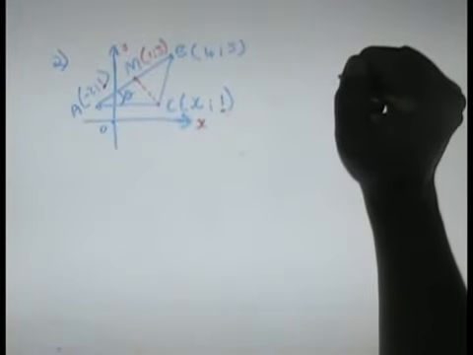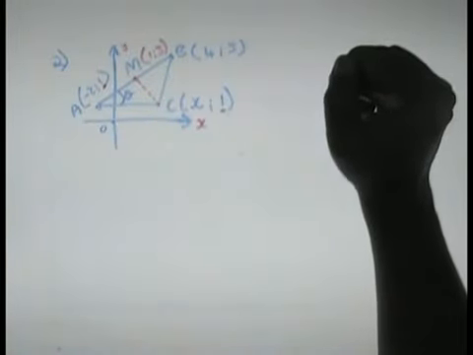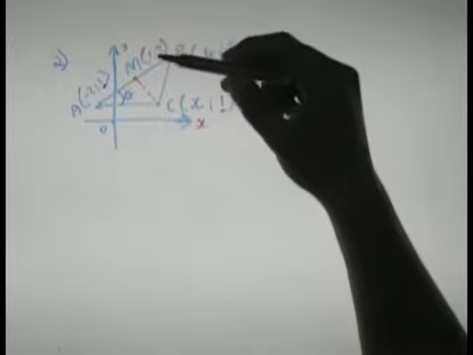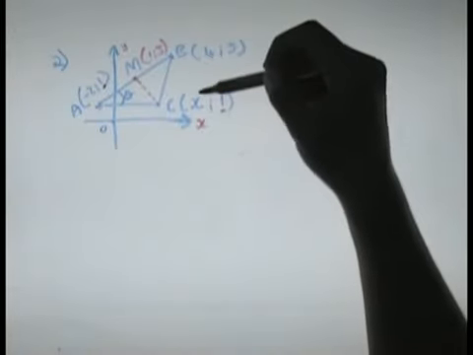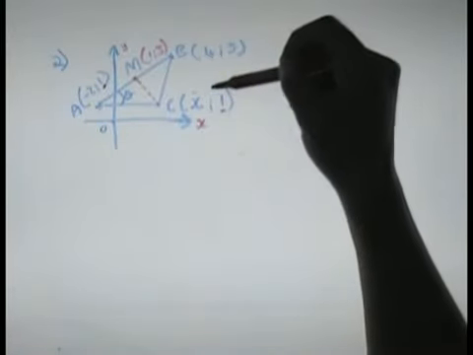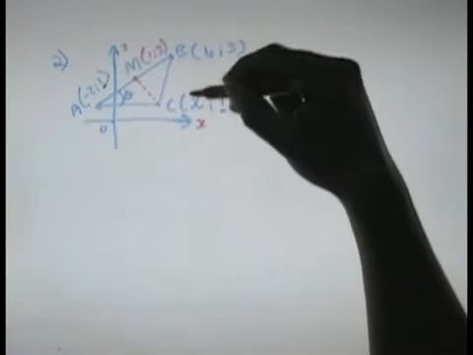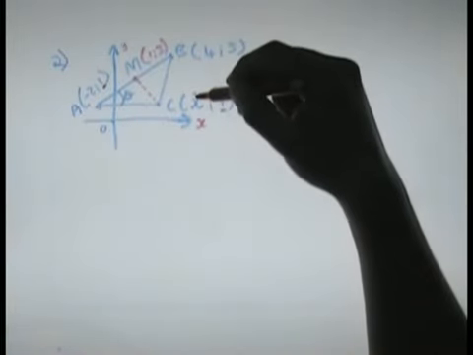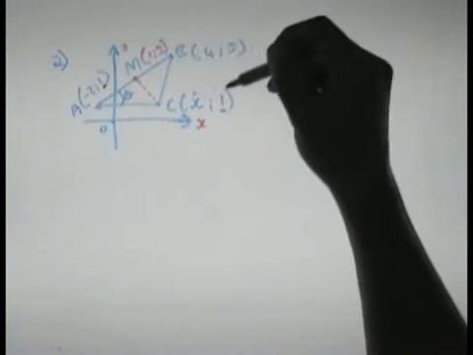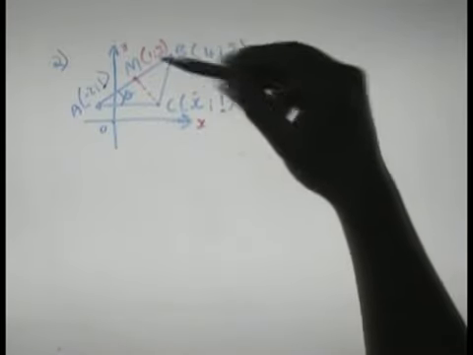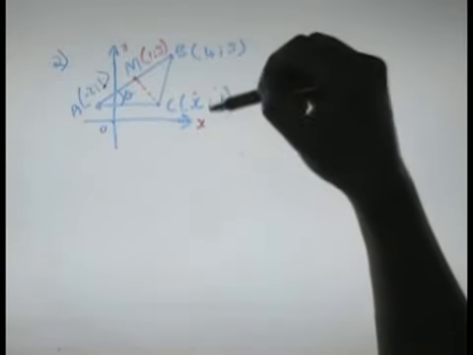No, we can't. The reason being is that we don't have both coordinates of C. We have to first calculate the x coordinate of C, and then we've got two sets of coordinates from which to calculate our distance.